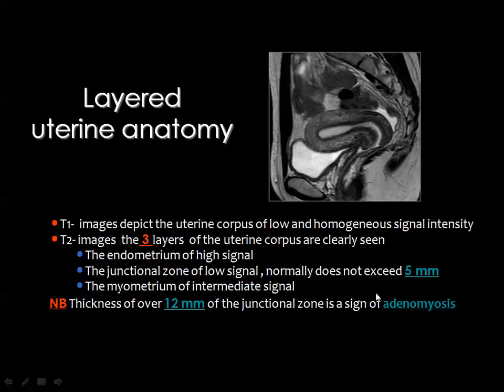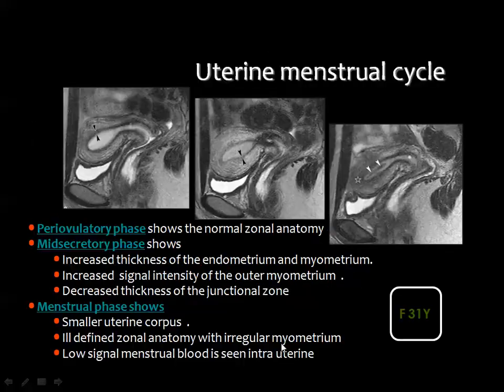The junctional zone normal thickness should not exceed 5 millimeter, and this is very helpful in the assessment of the uterine adenomyosis, where you can see that there is significant increase of the thickness of the junctional zone, as I will mention, and it is stated that the thickness of the junctional zone over 12 millimeter is diagnostic of adenomyosis. Then you know that there are several changes which occur in the uterus during the menstrual cycle.